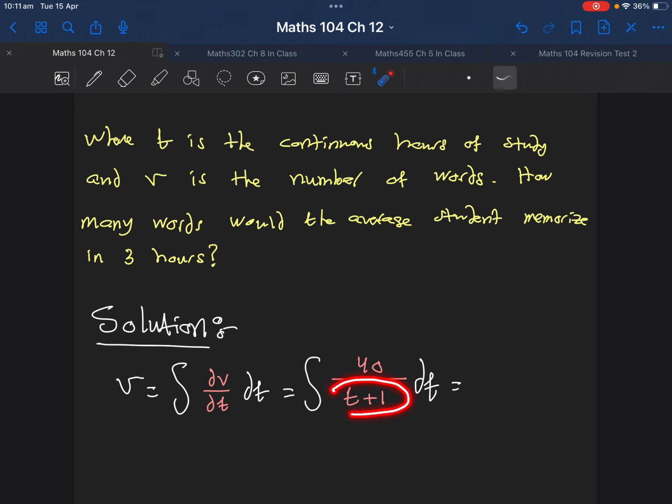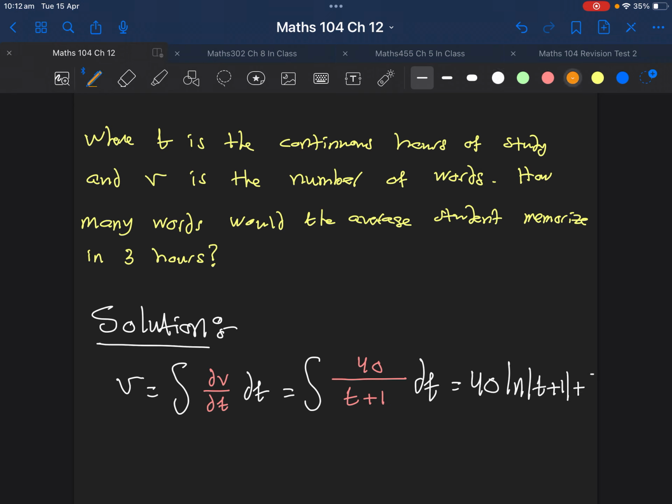Well, again, the answer is the same. Imagine this is u. What is u prime? Well, you guessed it correctly. U prime is 1. So I don't need to do anything. 1 is there. Just forget about the 40. 40 can go outside, so you get only 1. So here the answer will be just 40, and then it will be ln of u. So it will be ln of t plus 1, plus c.